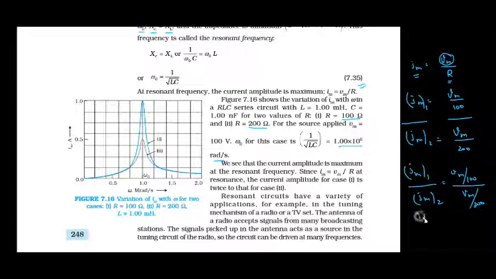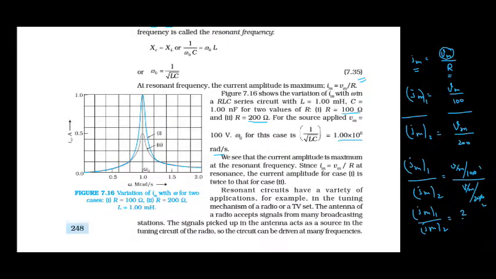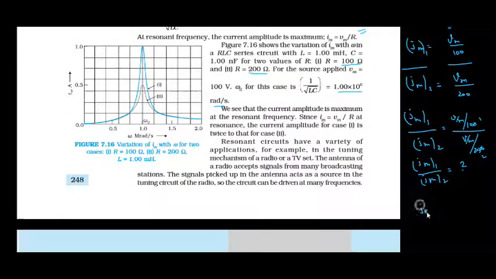So Vm gets cancelled, 2 goes to the numerator, and ultimately Im of case 1 is twice that of case 2.